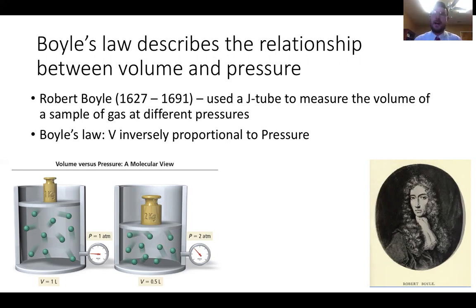Like in the picture there, if we had a volume of 1 liter and the pressure was 1 atmosphere, if we decreased the volume by half, our pressure would increase by 2. That's what we mean by an inverse relationship, an inverse proportionality of these two units.